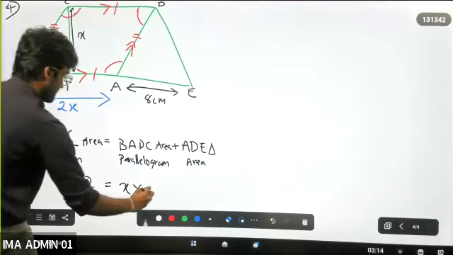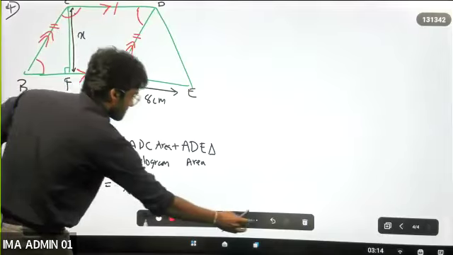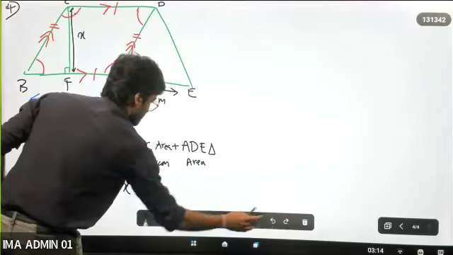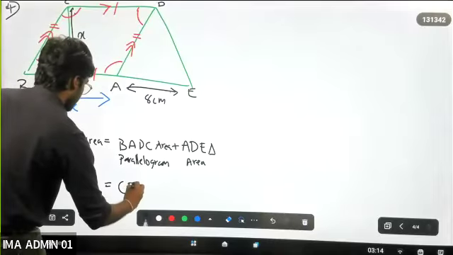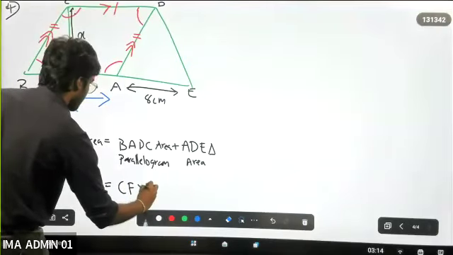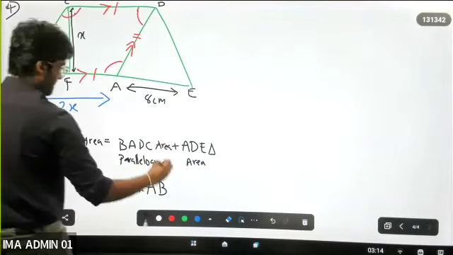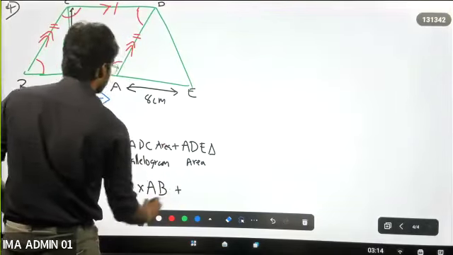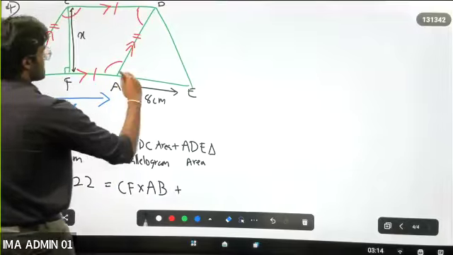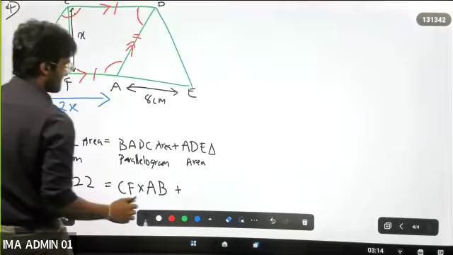So CF multiplied by AB, right? And for the triangle, yes, it is the base multiplied by the height.